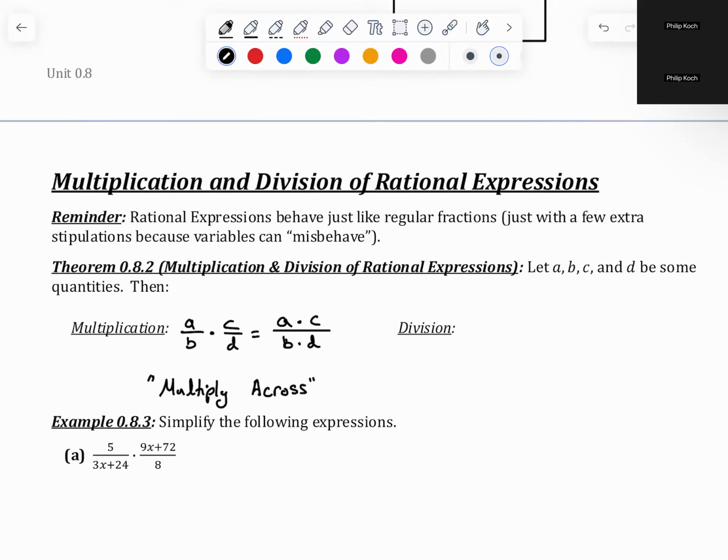Division. So if we have A over B, the fraction, divided by C over D, which could also be written differently, as A divided by B over C divided by D, with a big line in the middle denoting the main division bar.